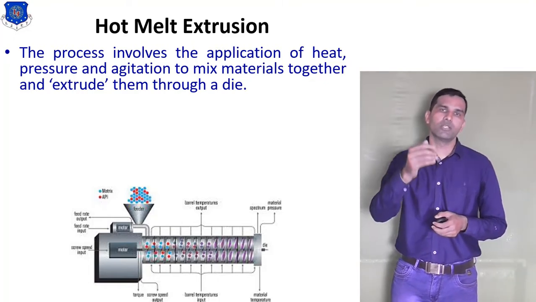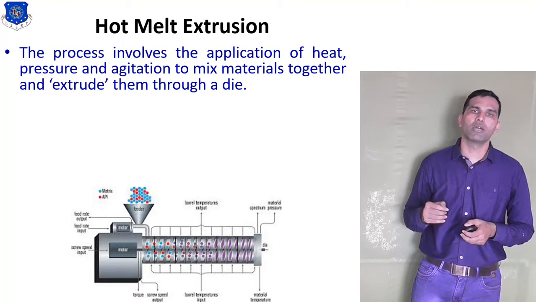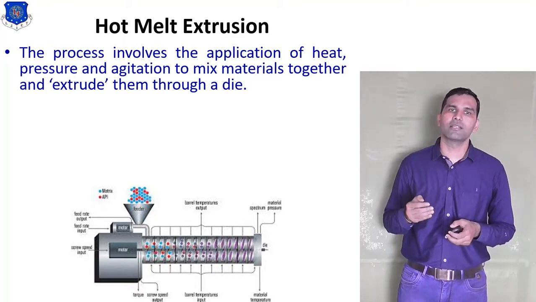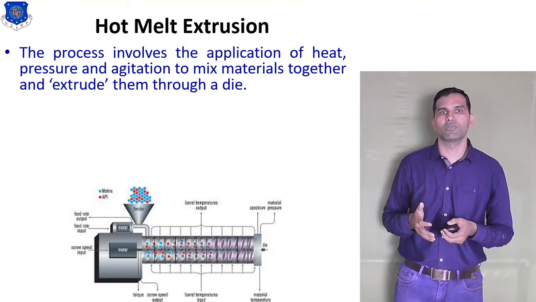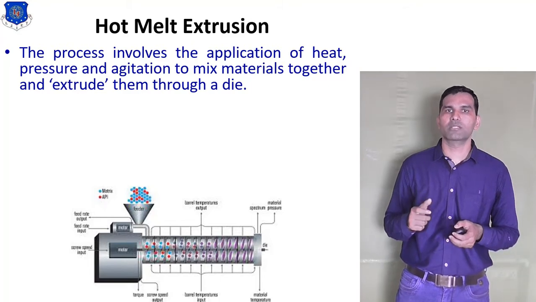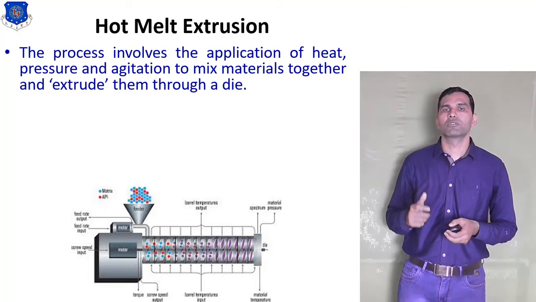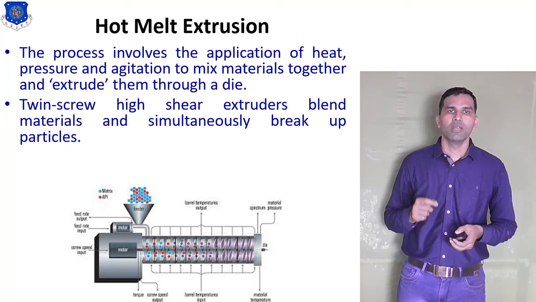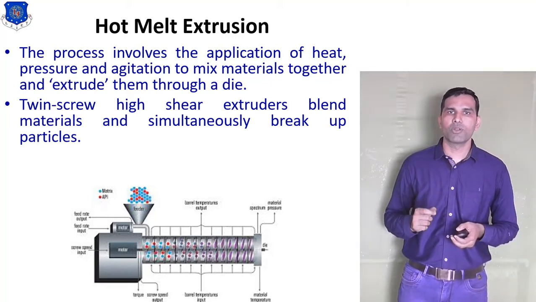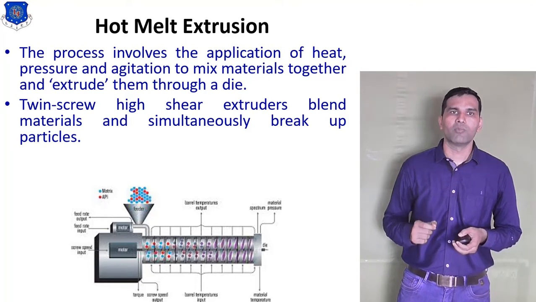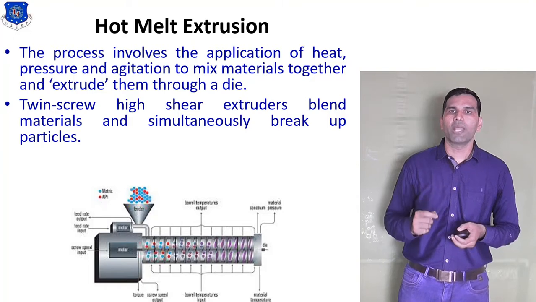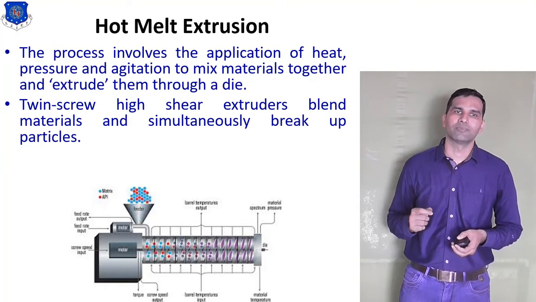So here in hot melt extrusion we use heat, pressure and agitation to mix the materials. Twin screw high shear extruders blend materials and simultaneously break up particles.